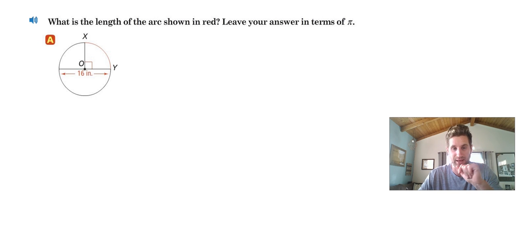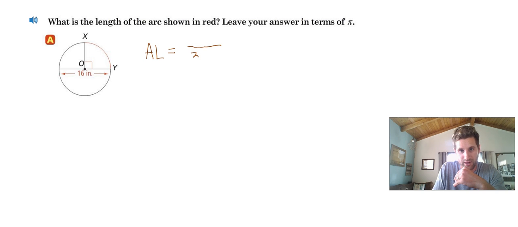Arc length. Okay, last piece. What is the length of the arc shown in red? Leave your answers in terms of pi. Alright, well first of all, arc length, AL, is the measure of the arc over 360 multiplied by our circumference, 2 pi r.